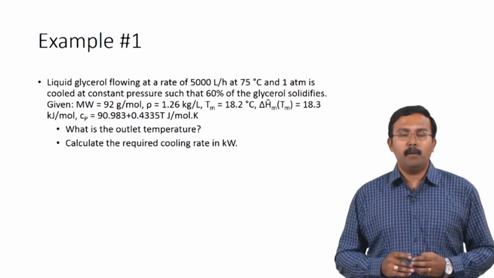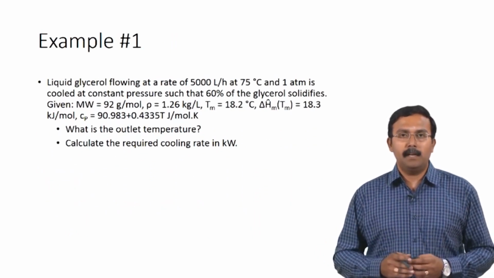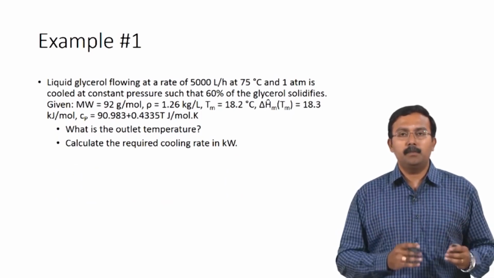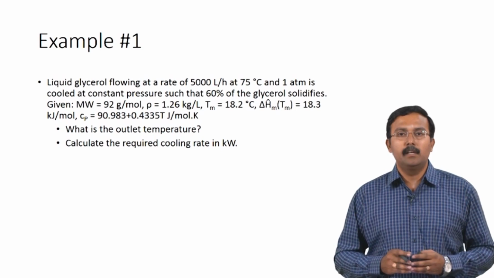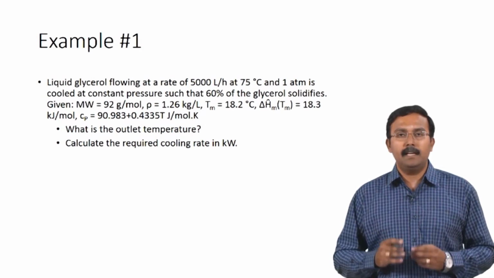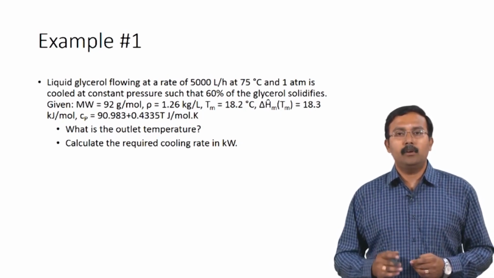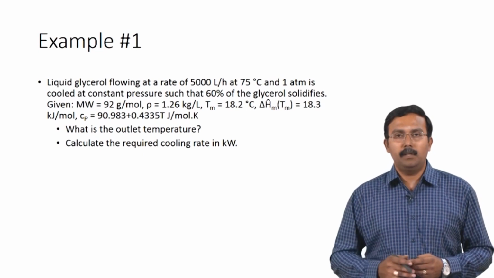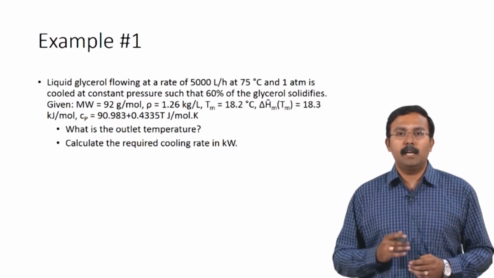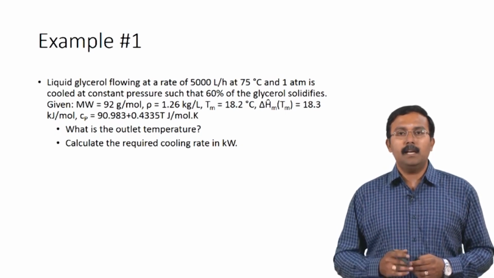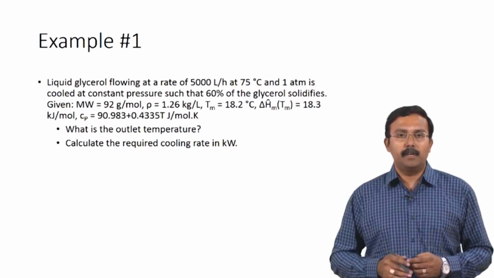Here is an example problem where we will perform such energy balance calculations. The data related to this particular component has been given here, so we would be able to use the data directly and perform the calculations. The example reads as: liquid glycerol flowing at a rate of 5000 liters per hour at 75 degrees Celsius and 1 atmosphere is cooled at constant pressure such that 60% of the glycerol solidifies.